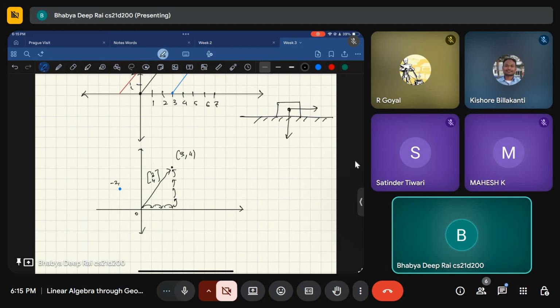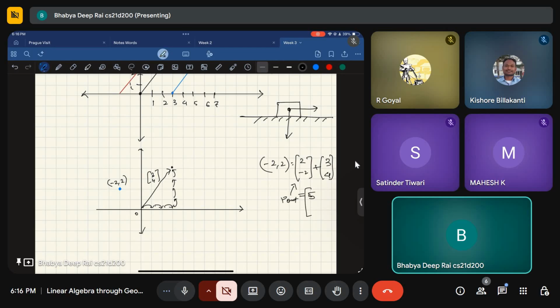So what do I get? Oh, it's minus 2 comma 2, not 2 comma minus 2. So minus 2 plus 3 is 1, 2 plus 4 is 6. 1 comma 6. Now let's plot that.